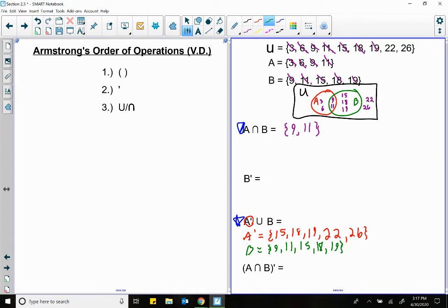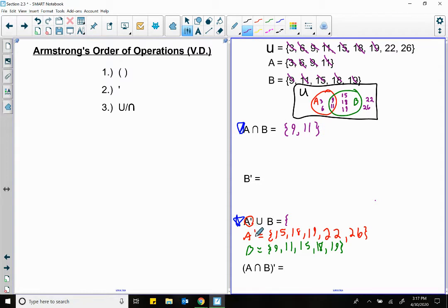What they want us to do, remember, union says give me everybody. We want everybody in red and everybody in green in one set now. That's what union means. Give me everybody in the red, give me everybody in the green, and that's who we care about.